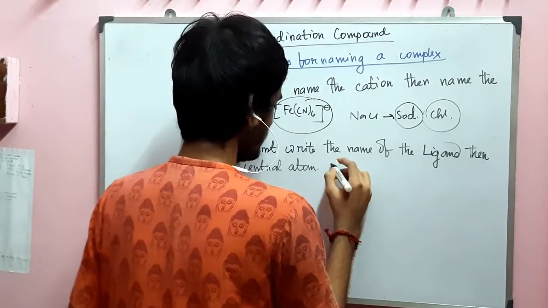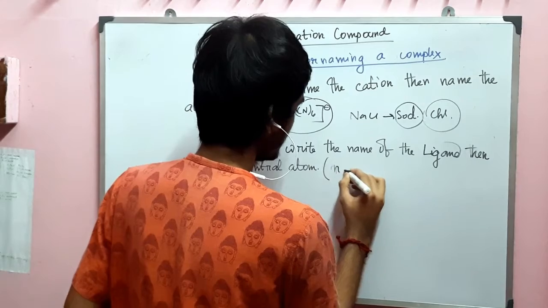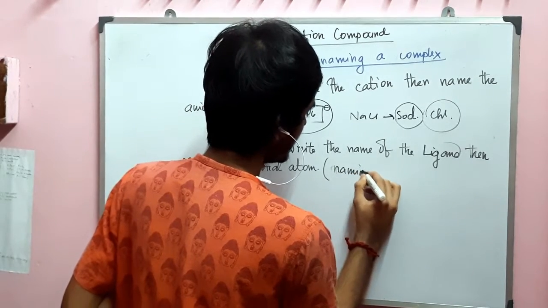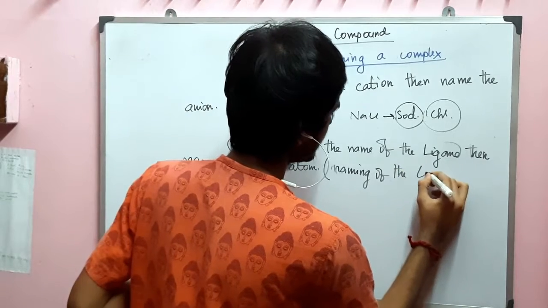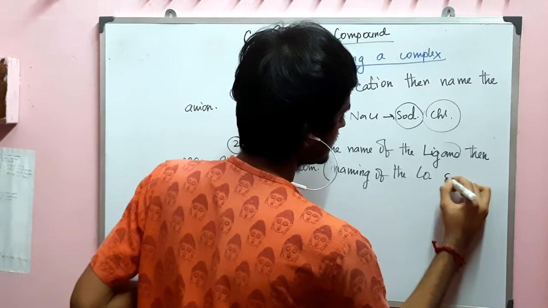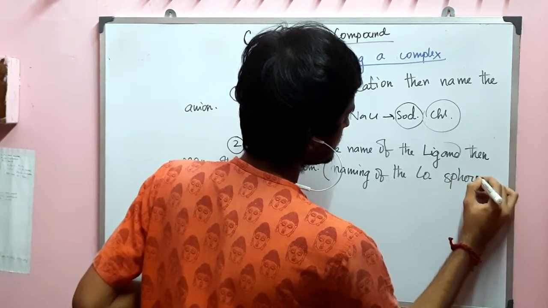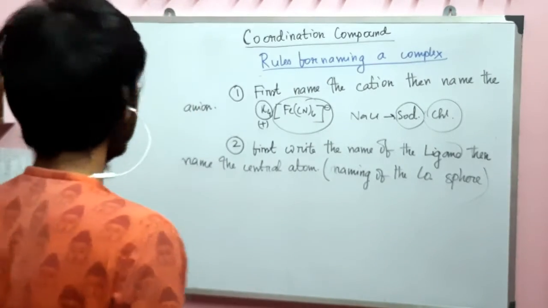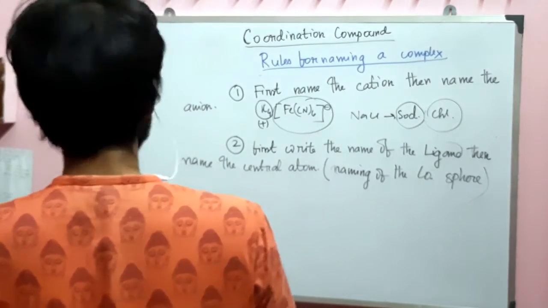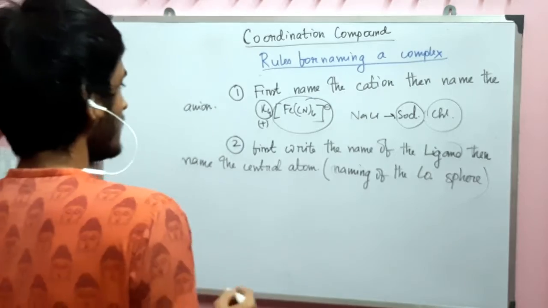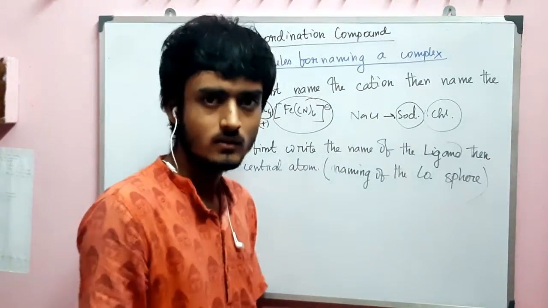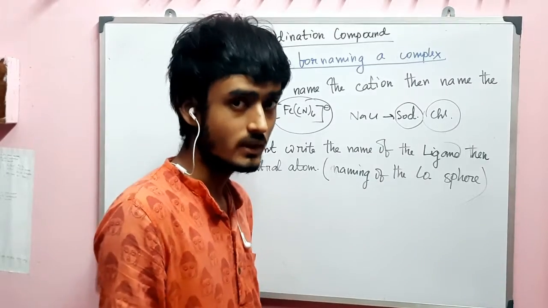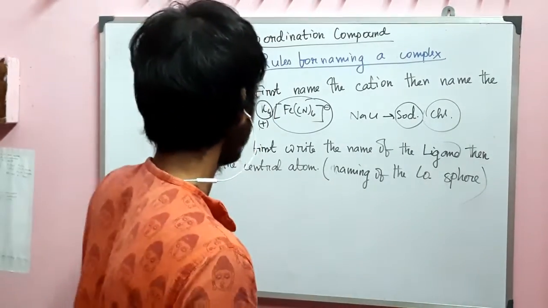It is a rule for naming of the coordination sphere. So we will first write down the name of the ligand, then we will name the central atom.